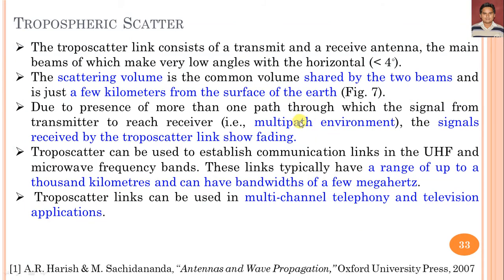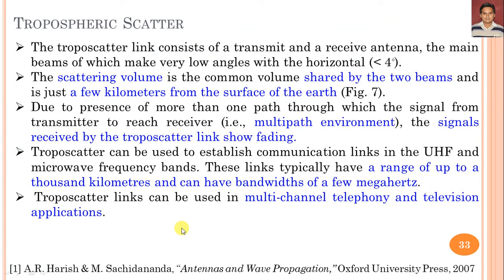So in a tropospheric link, fading also occurs due to the multipath environment. Further, the troposphere can also establish communication links in the ultra high frequency and microwave frequency bands. These links typically have a range of up to 1000 kilometers and a bandwidth of a few megahertz. Tropospheric links can be used in multi-channel telephone and television applications.